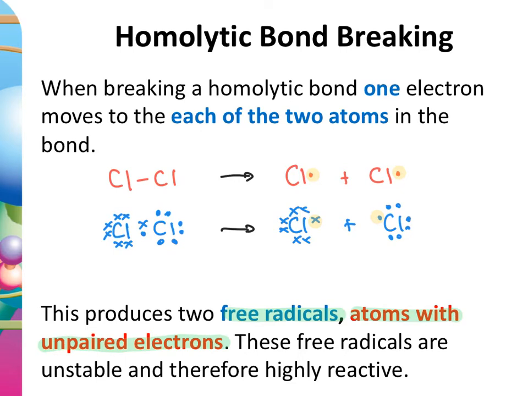If I was to use arrows, which we're going to come to in a second, I would be showing that one electron went onto each chlorine, and you'll notice I've used what I call a half-headed arrow, like a fish hook. But we are going to talk about the arrows in greater detail in a second.